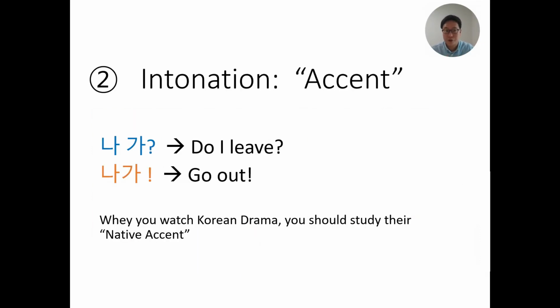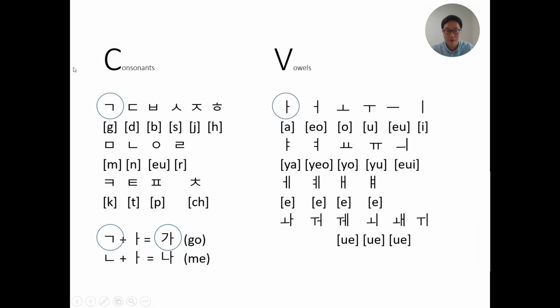And then the second feature, intonation. Before studying intonation, I'd like to teach two letters. The left side is consonant, right side is vowels. Can I ask about this one? Is this a letter?